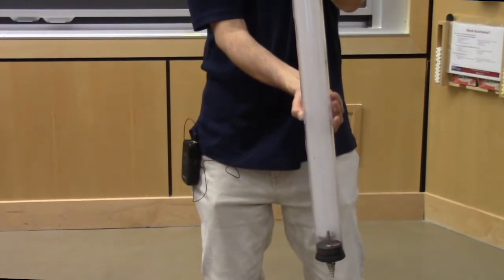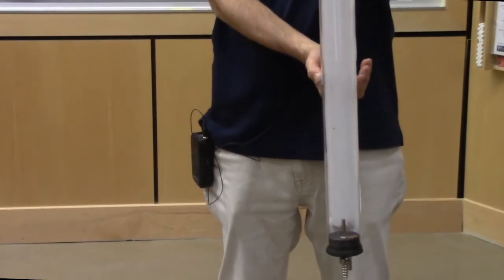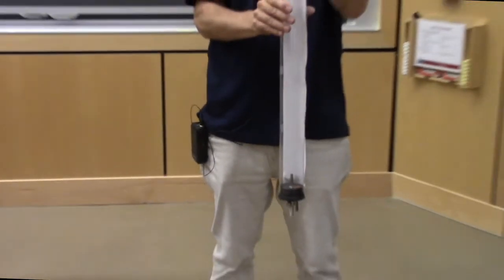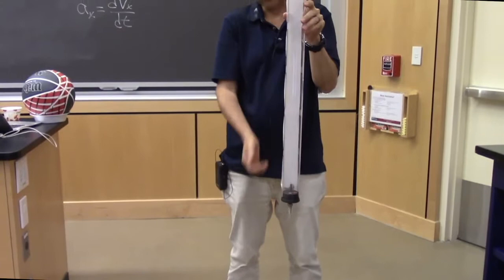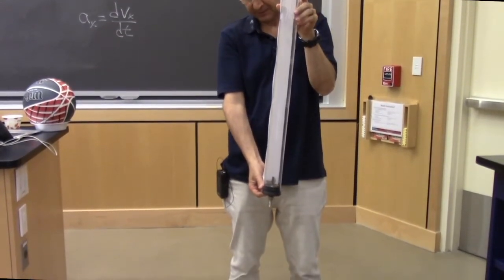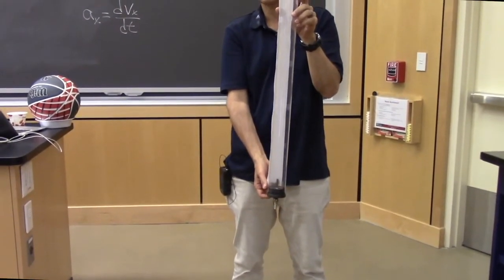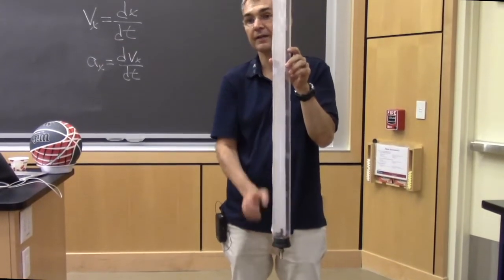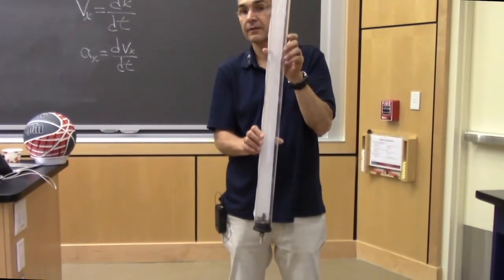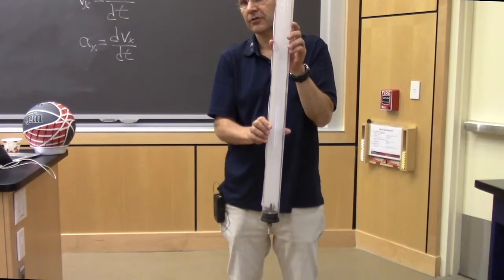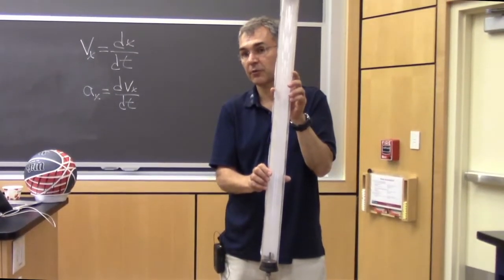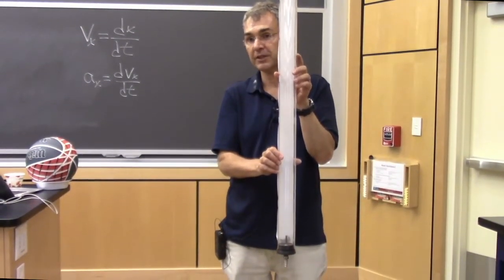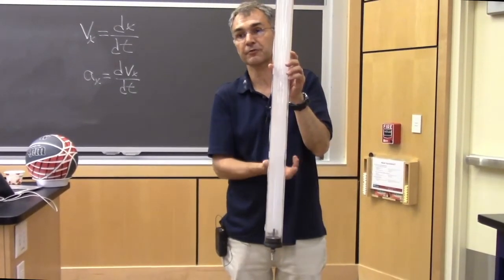Okay, and I claim that the difference between the feather's descent and the penny's descent is that the feather is much more highly influenced by air drag than the penny is. So the model that the only influence that matters is Earth's gravity is pretty good for the penny, but it's not good at all for the feather.